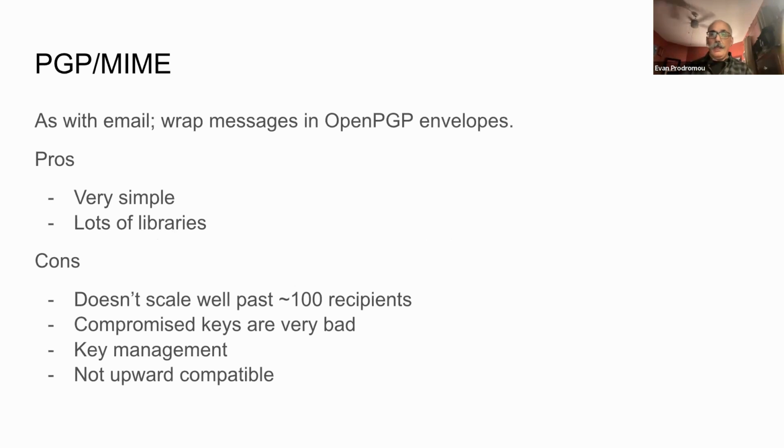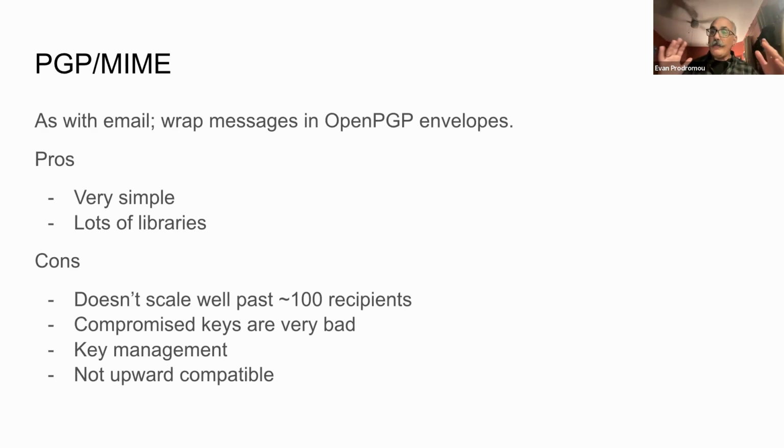PGP MIME is kind of the granddaddy of E2E messaging. It's how people used to do encrypted emails. It's a very simple, well, simple topology, at least. The math for the encryption is still plenty hard, but in terms of the structure, it's very straightforward. There's lots of libraries out there, so developers would be able to engage with it pretty quickly.